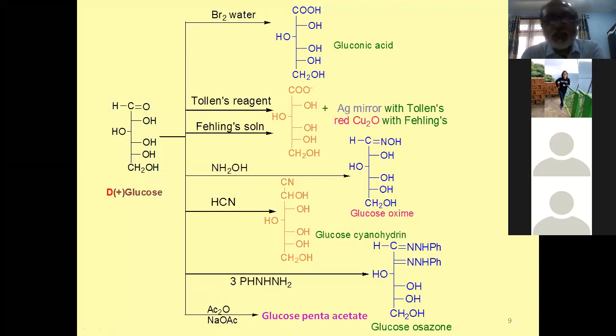Now, I have written structures for all of them, but I did not write the structure for glucose pentacetate. Can anybody tell why I did not write that? Was it that there was no space there to write down the structure? What is your take?